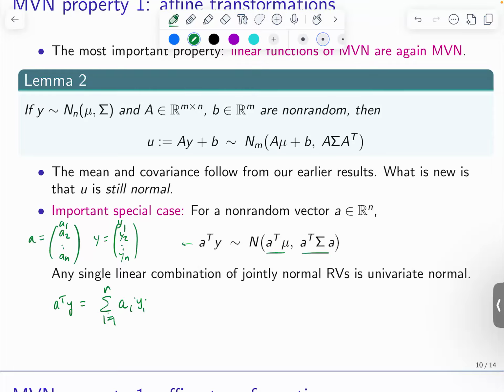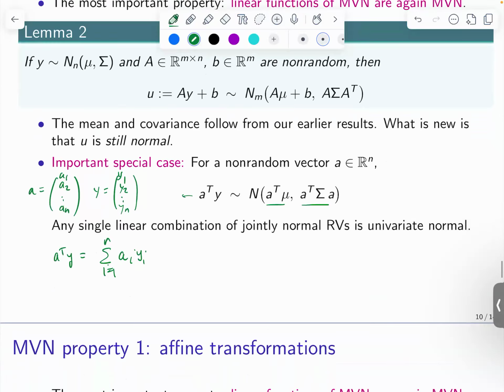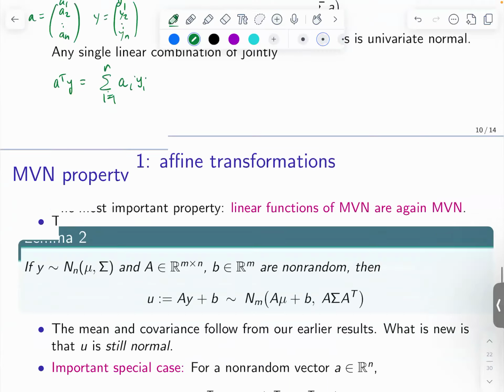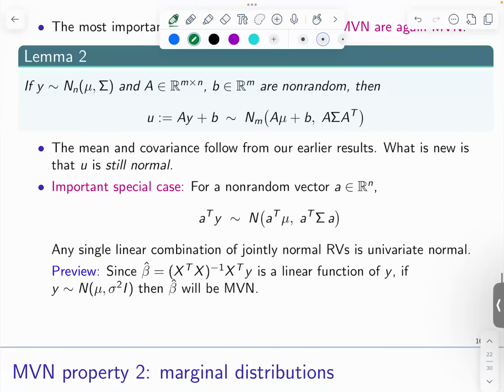One more fact, which is really a special case of this. Maybe just a preview again, as I mentioned: beta hat is like a matrix times y, and y is going to be the vector of our observations from regression, as we'll see.